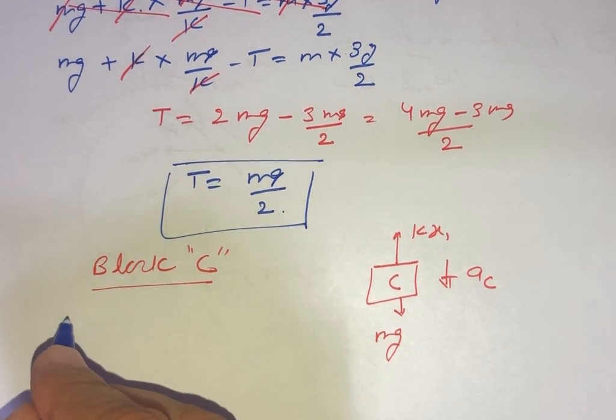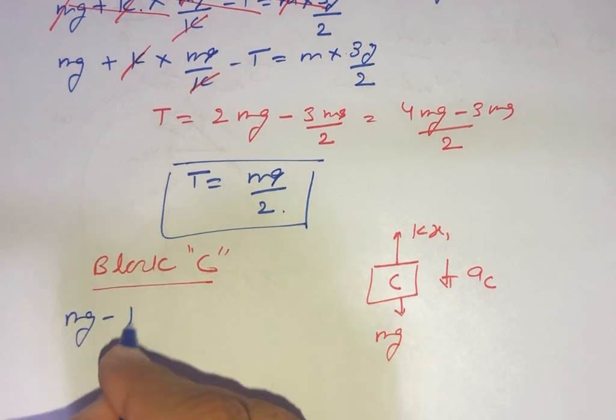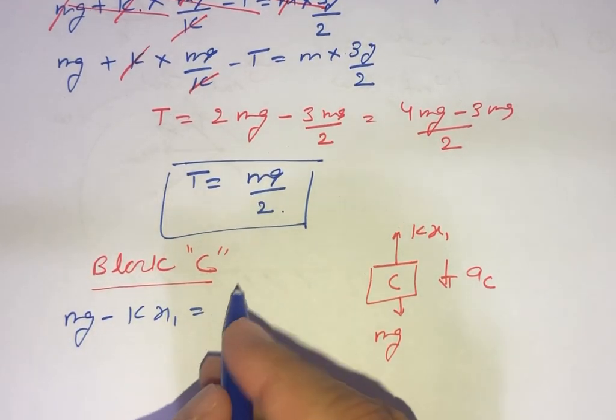So we can write this as mg minus kx1 is equal to maC.